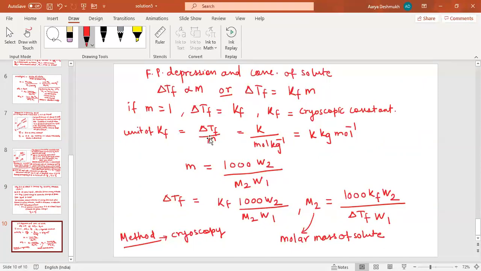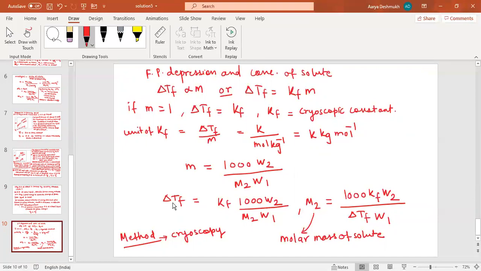The unit of this KF would be K kg per mole. From this equation, we can derive the unit for delta TF upon m. m is moles per kg, and delta TF is in K, meaning Kelvin. Now molality, we all know that m is equal to 1000 into W2 divided by M2 into W1. As we did for boiling point, we can do the same here for freezing point.